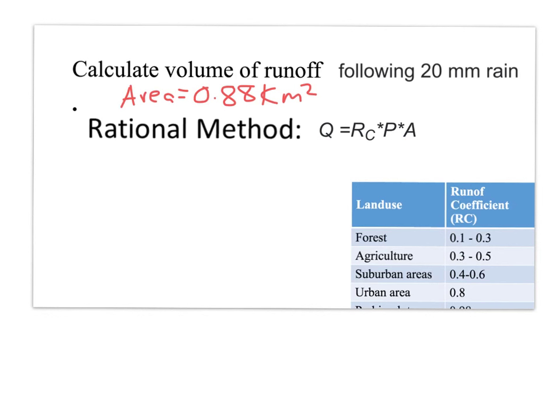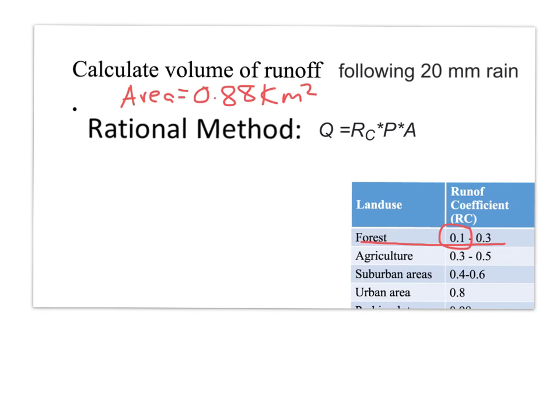For the runoff coefficient, since we just looked at the satellite image, we'll look at the coefficients indicated for forests. They can vary depending on the soil type, but a common estimate would be 0.1, so about 10% of the rain that falls in a forested area we expect to become runoff.